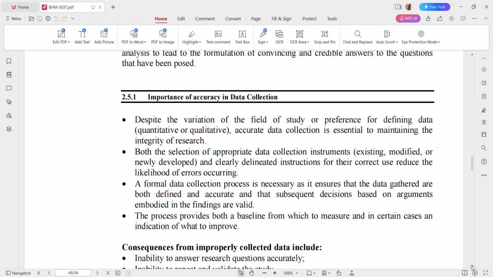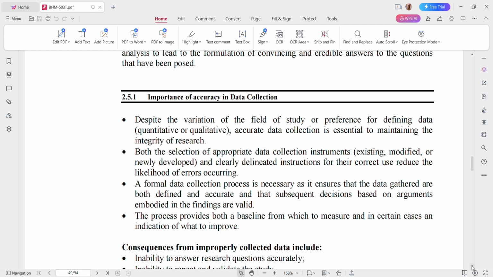Because later on, when you fail to establish the accuracy and the integrity of your research, then the results of your research will be questioned, right? Now, both the selection of appropriate data collection instruments, it might be the existing instruments, or you modify it, or you develop a new one, and clearly delineated instructions for the correct use reduce the likelihood of errors occurring.